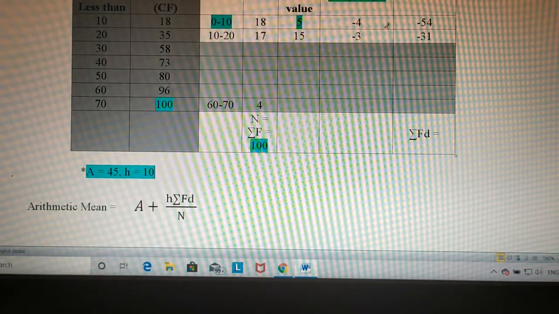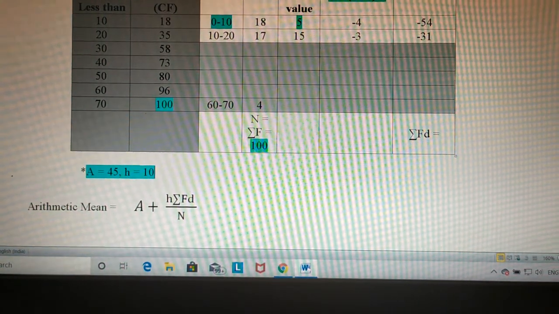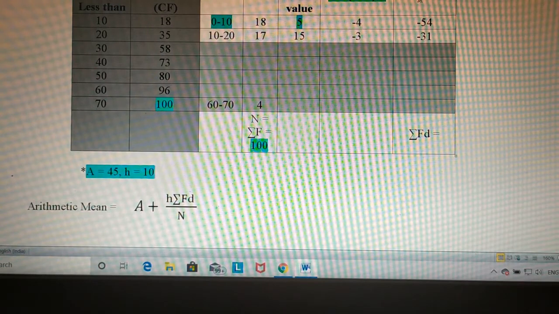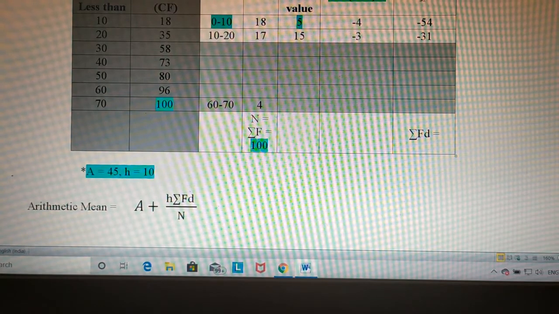After doing this, the next one is fd. The last column of this problem is f, frequency, multiplied with d. D is nothing but deviation. So frequency multiplied with d. Frequency is 18: 18 into 4 is 54, and 18 into minus 4, since plus into minus is minus, is minus 54.